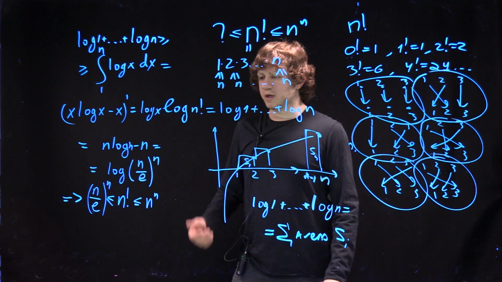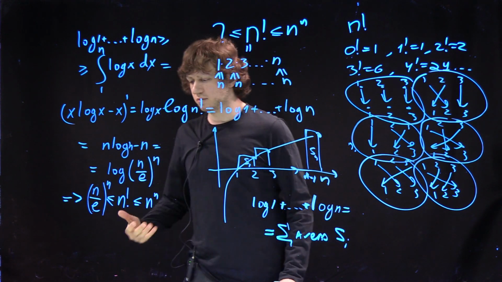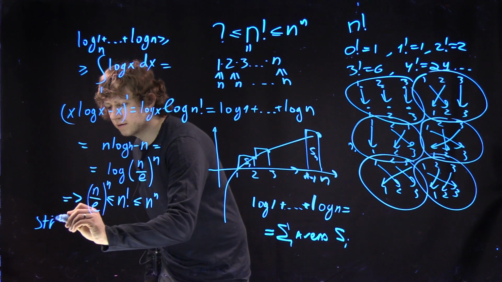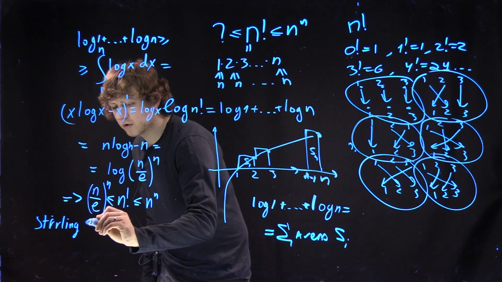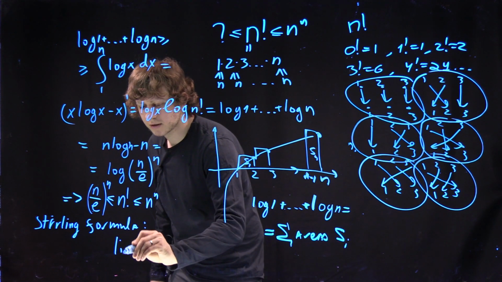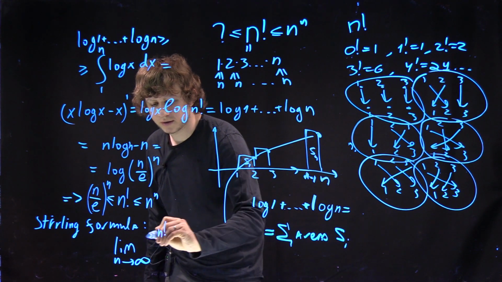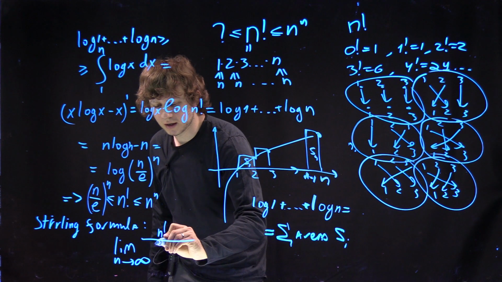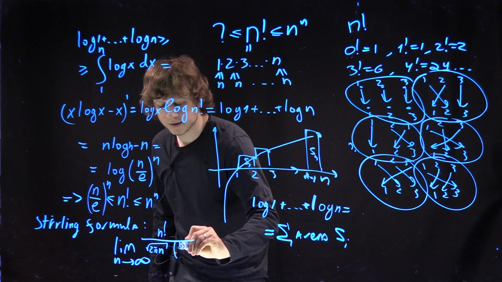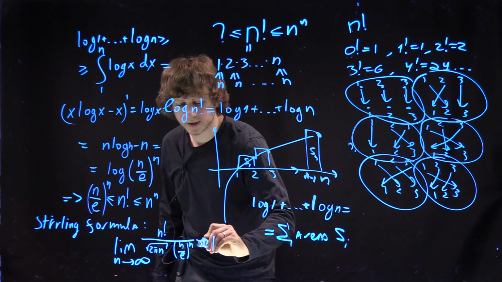Of course, it's not very accurate, and what actually is true is something called the Stirling formula. It is a beautiful statement that the limit when n goes to infinity of n factorial divided by square root of 2 pi n times n over e power n is equal to 1.